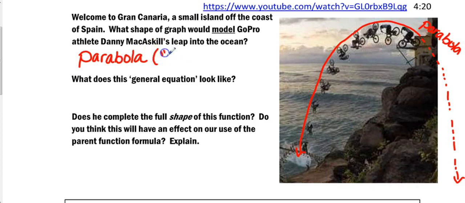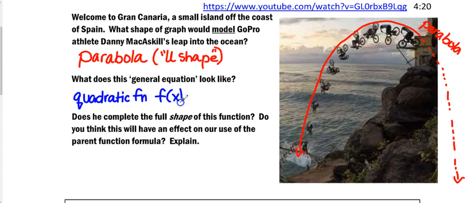Parabola just means that U shape. That's how many of us are used to calling it. So what are parabolas connected to? What function? So if you look at your table from day one, the general equation of a parabola is a quadratic function, which is f of x equals, I'm going to start it off and we'll see if you can finish it.